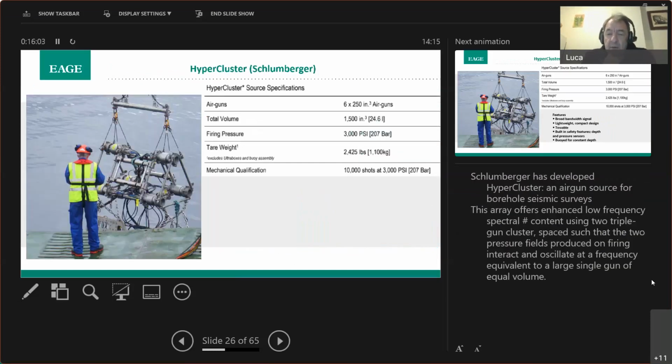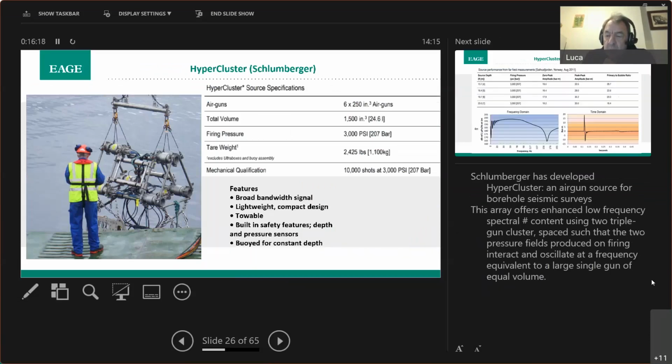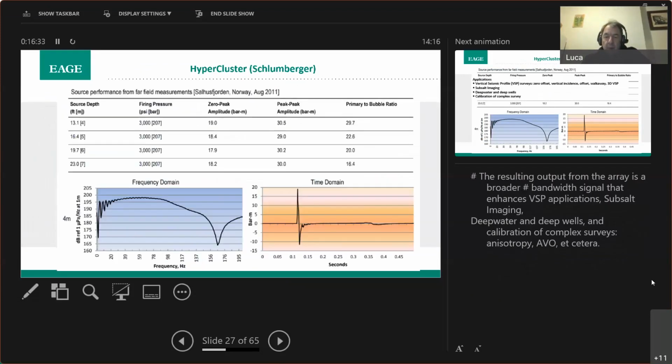Then we have the Schlumberger Hypercluster, an airgun source for borehole seismic surveys. This array offers enhanced low-frequency spectral content using a two triple gun cluster. It is such that the two pressure fields produced on firing interact and oscillate at a frequency equivalent to a large single gun of equal volume.